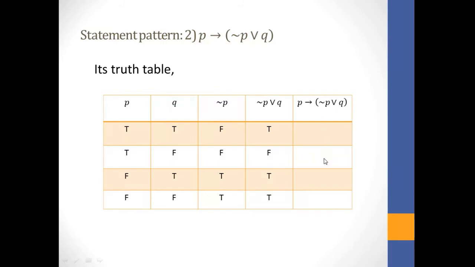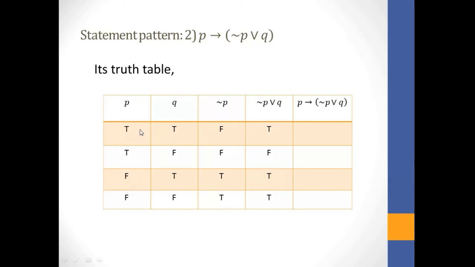Now the last one. See here, P implies this, negation P or Q, means P implies this. So column number 1 implies column number 4. See this carefully.